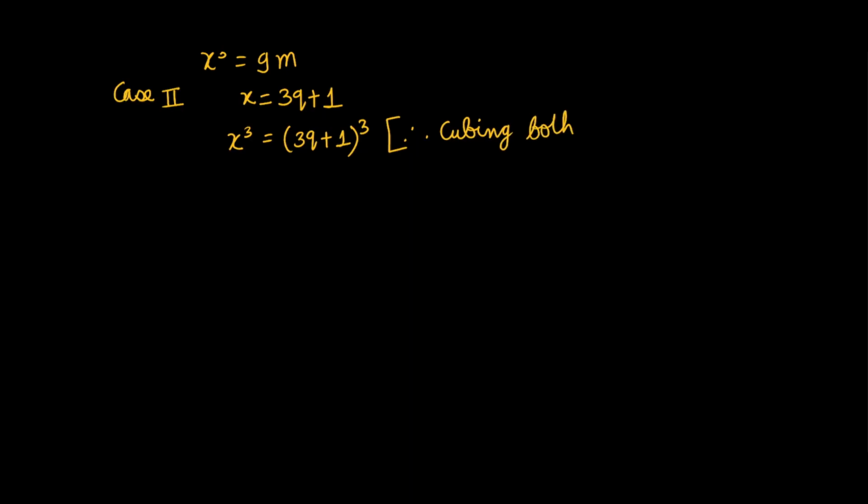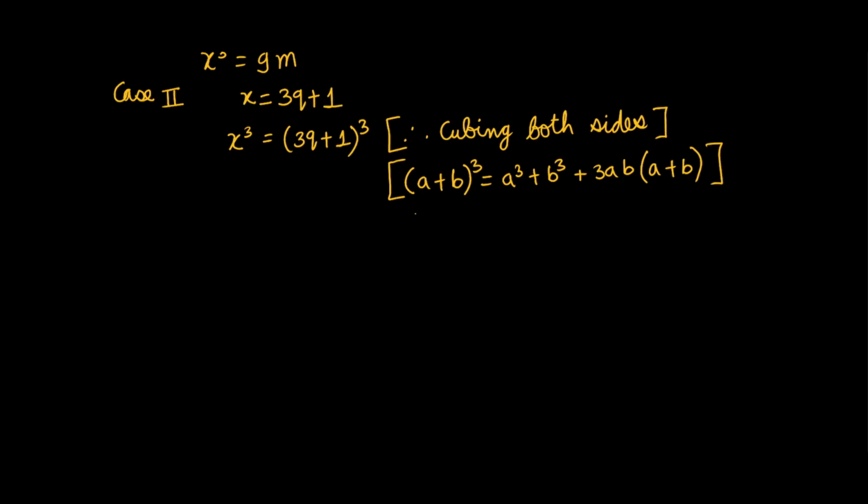We have learned in the lower classes the a plus b whole cube formula: a cube plus b cube plus 3ab into a plus b.